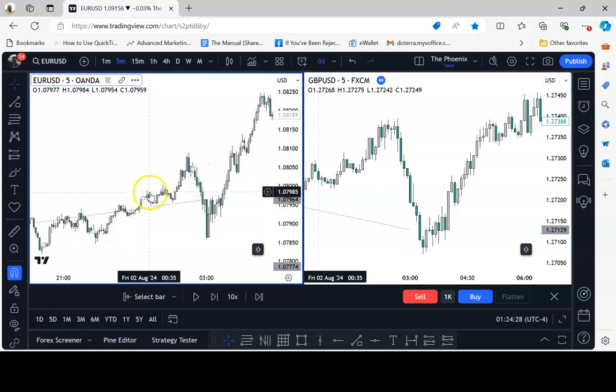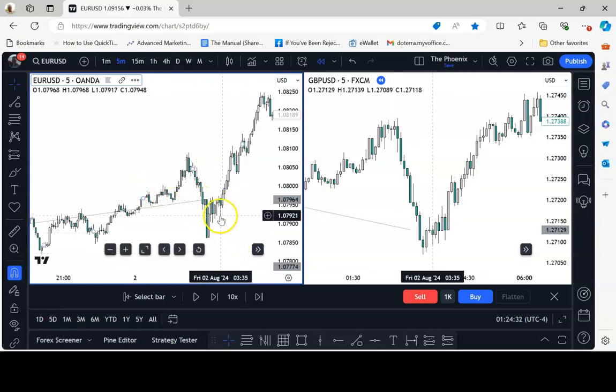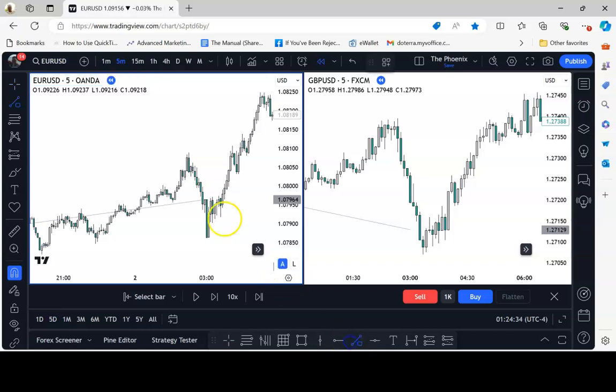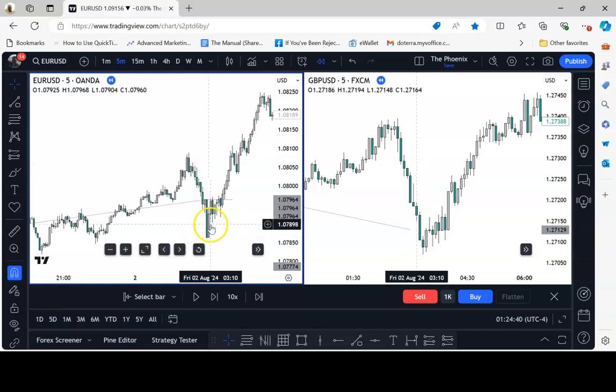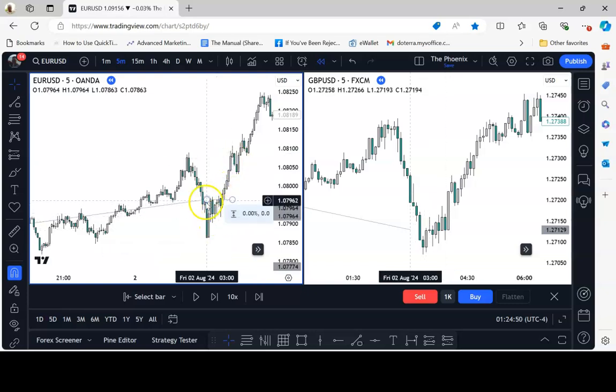This is the second leg of the SMT divergence. In this case, this would have been our order block, because this is the last down candle that took liquidity before the move up.